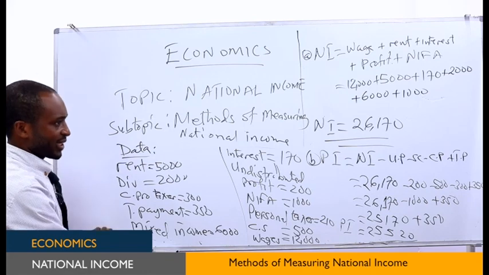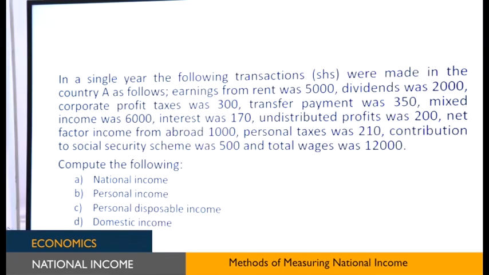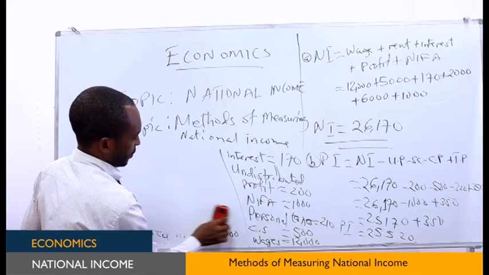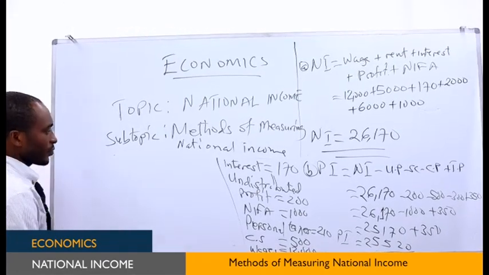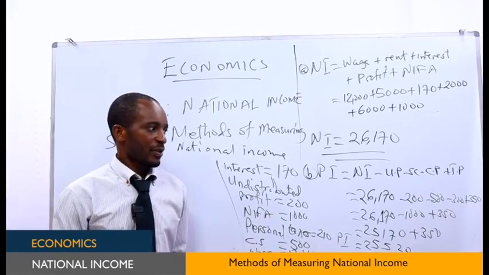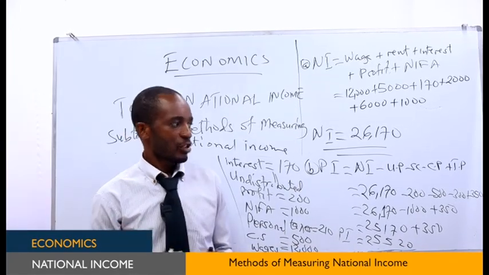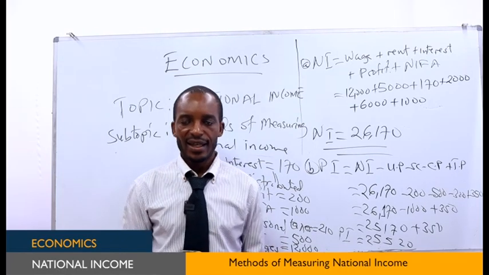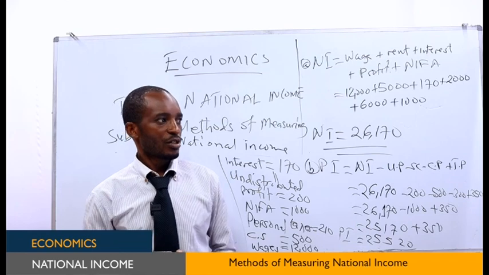Now let us calculate the personal disposable income. The personal disposable income is obtained by taking the personal income less direct tax or personal taxes.